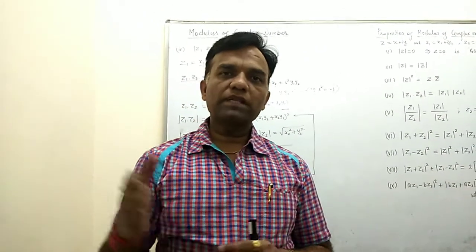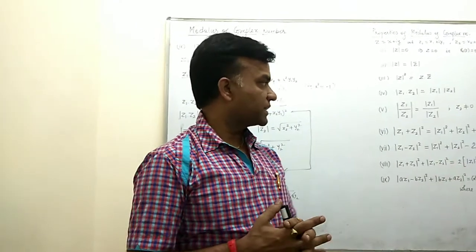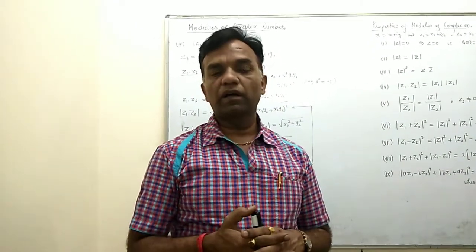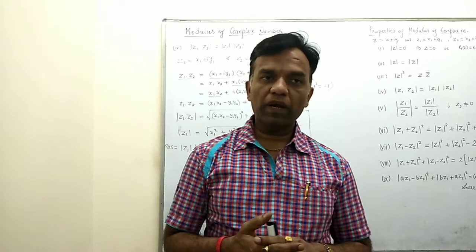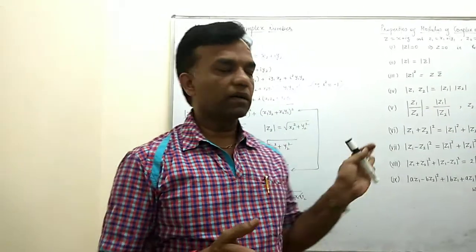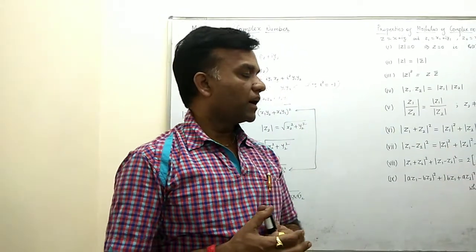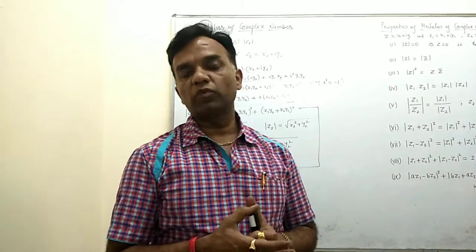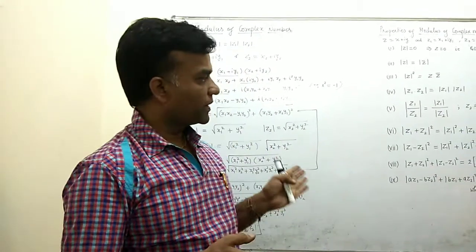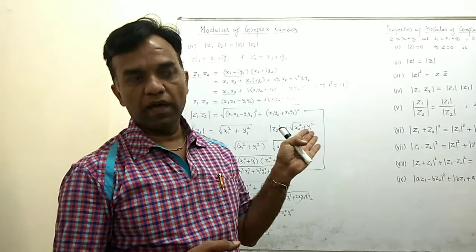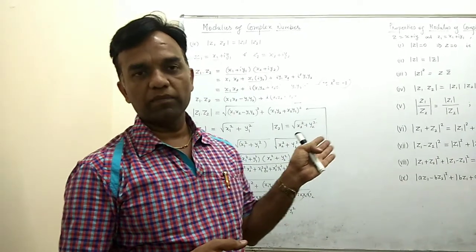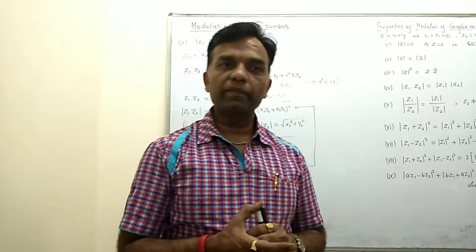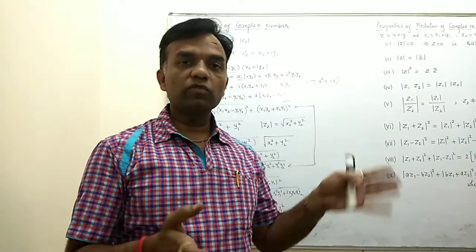In competitive exams this type of property may be asked, and in MCQ type questions too. You can try with some numeric values: consider any numeric value of a complex number for z1, consider z2 the same way, then put in the values and check or verify.